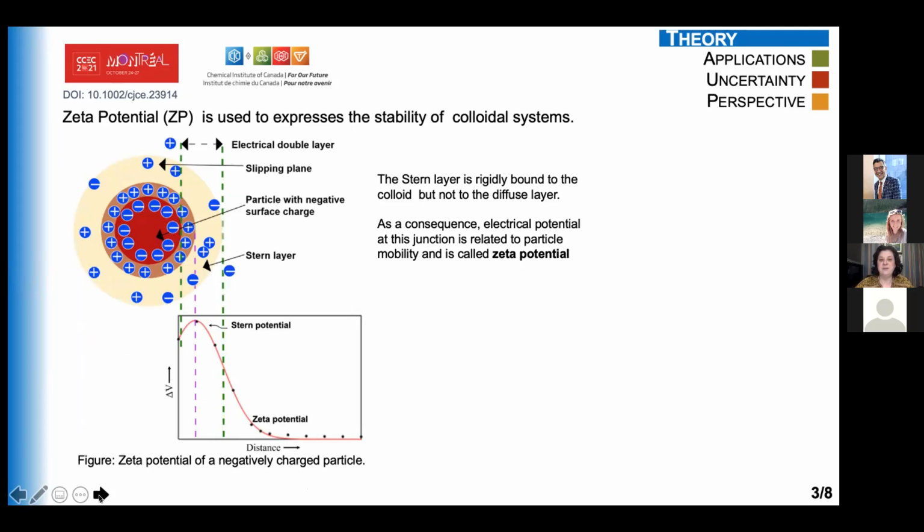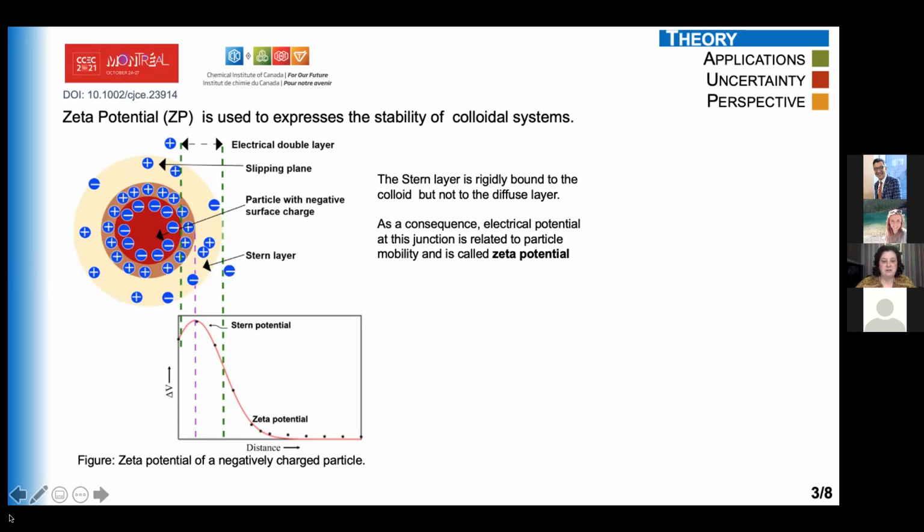Briefly, it's the measurement, not of the charge of the particle itself, but of the boundary between the Stern layer, which is really rigid, of the particle in solution, and the shear or slipping plane in the solution.